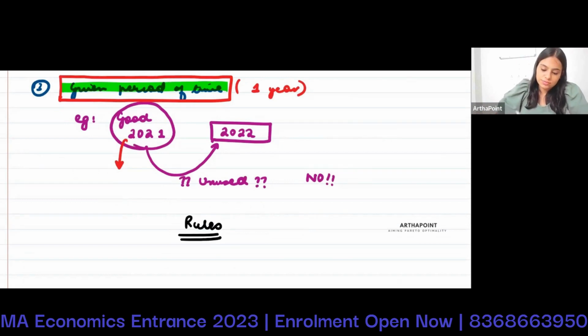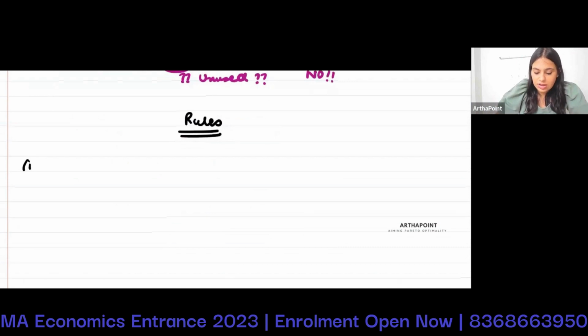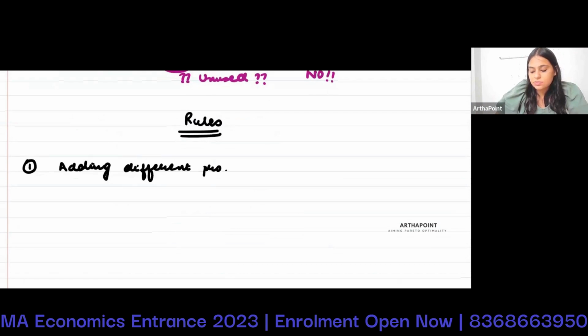So the first rule: adding different products together. Now just try and understand. I said that GDP is getting all the products together. It's the value of different products.